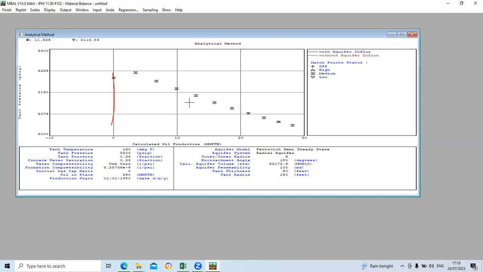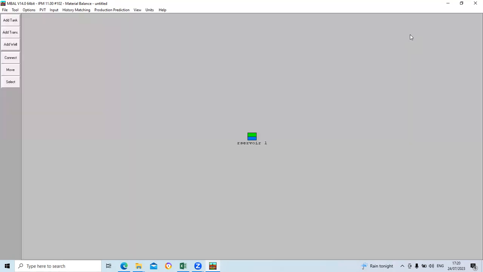We need the simulation with aquifer, so that we can match our data with the simulation data with aquifer. That is what you have to go and do, so that tomorrow when we come, we just do our history match, then we do prediction.